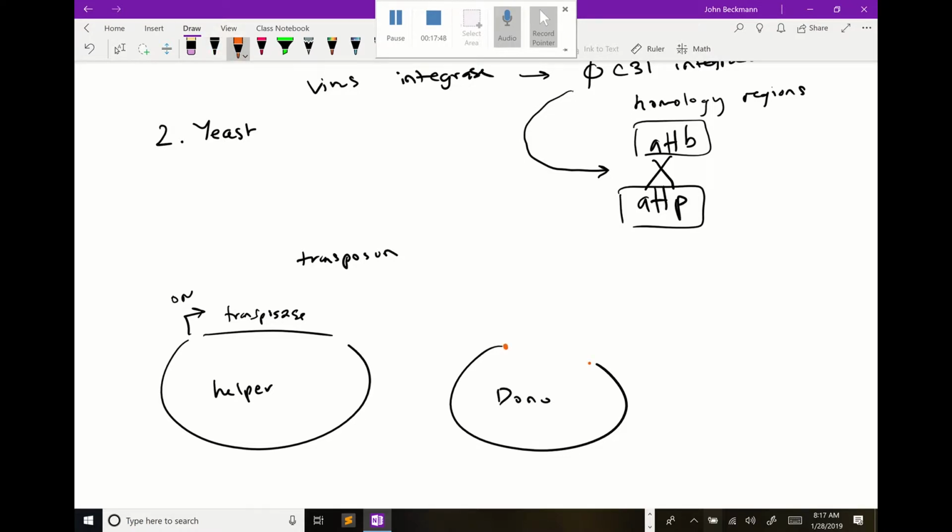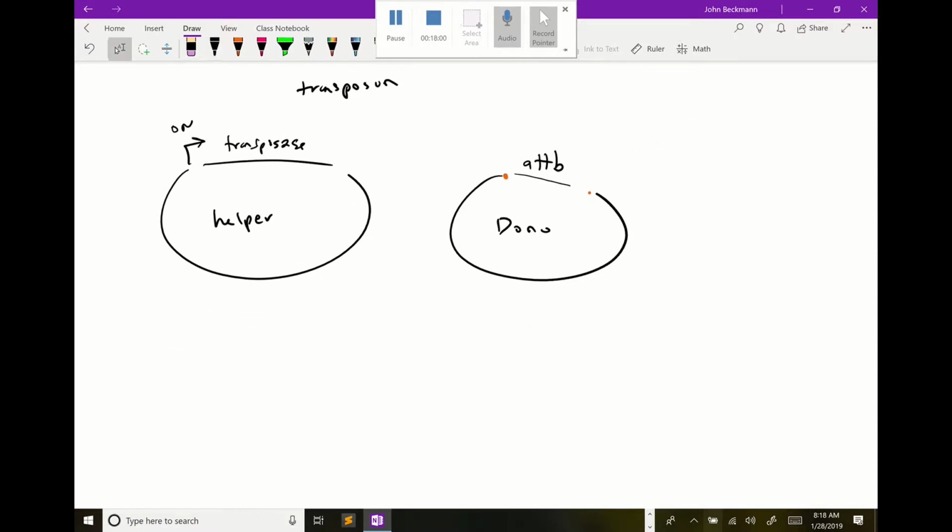And in the donor, he put ATTB, the site that Phi-C31 integrase recognizes, okay? And then he, step one, micro-injected these plasmids into Drosophila eggs.